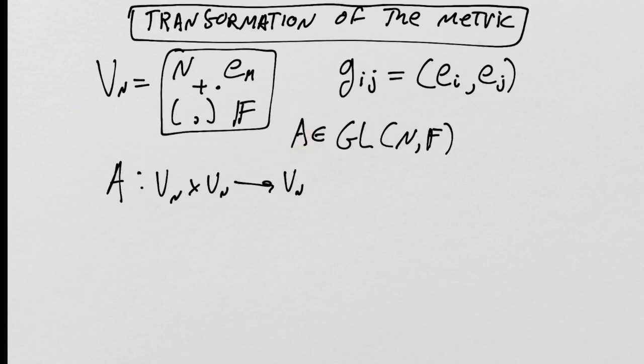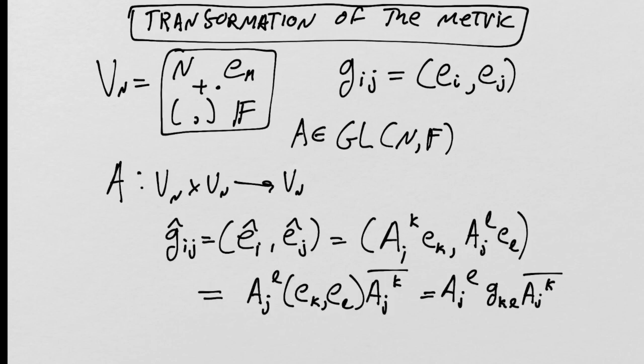It's a basis transformation. That's the definition of what these things are. So A is a mapping that takes two vectors and returns another vector. So I want to ask the age-old question, what happens to these values when I transform the basis from the unprimed basis to the prime basis?